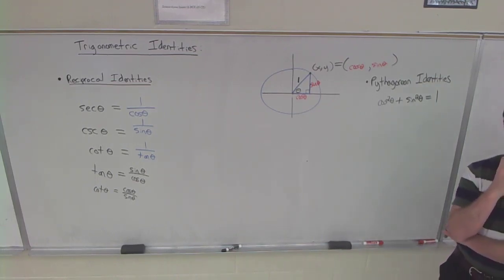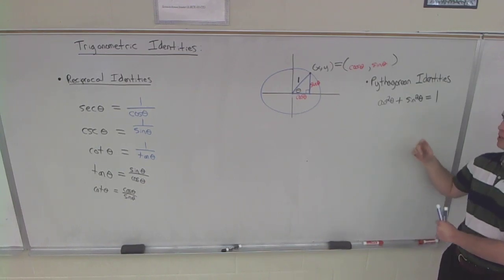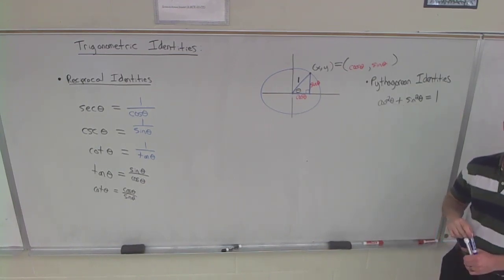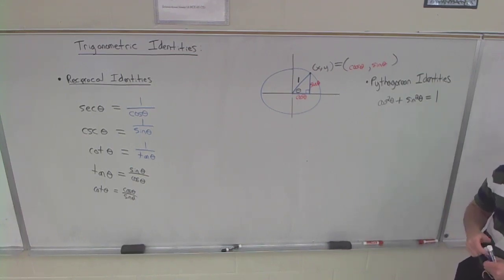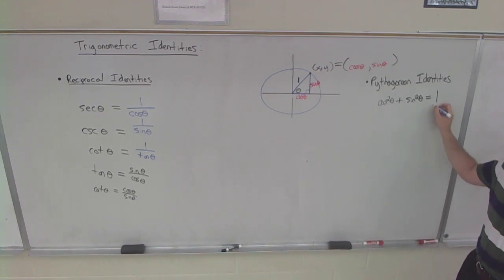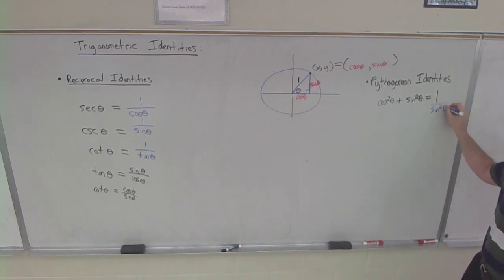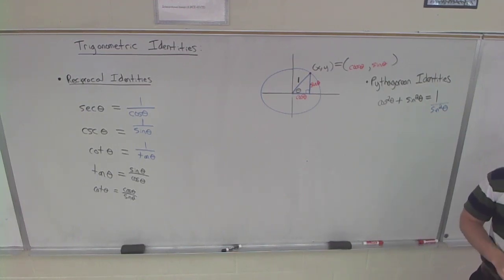I always screw it up, unless I go back to here. And I say, if I wanted this to have a cosecant squared in it, what could I divide by? If I want cosecant to be in there, won't I want to divide by sine? Because 1 over sine is cosecant.